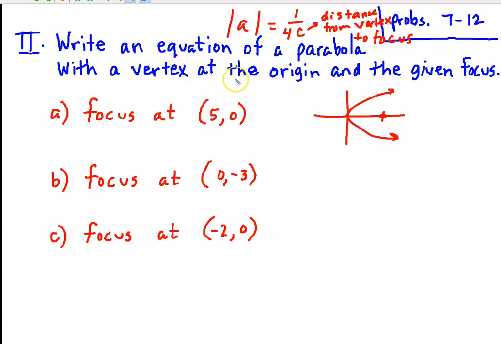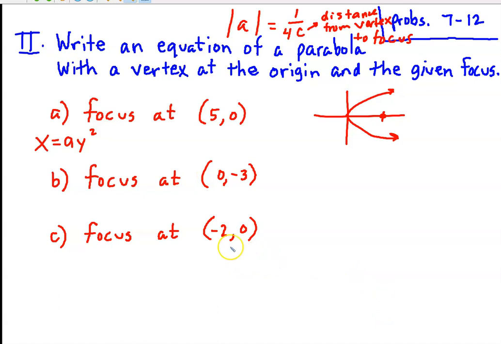The directions tell me the vertex is at the origin. So I know when I'm done, I'm going to have an equation that solves for x, because the parabola opens to the right. A has to be positive. So in general, that will be my equation form.